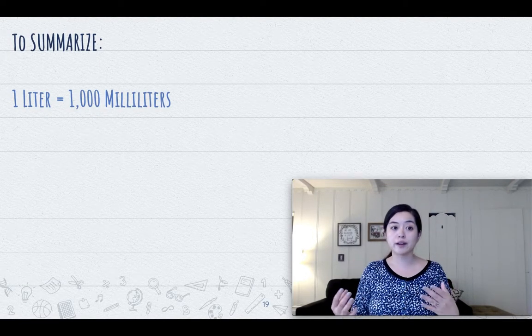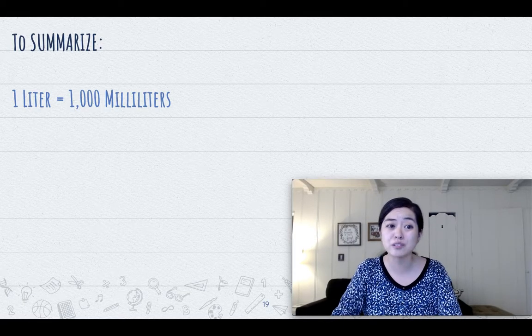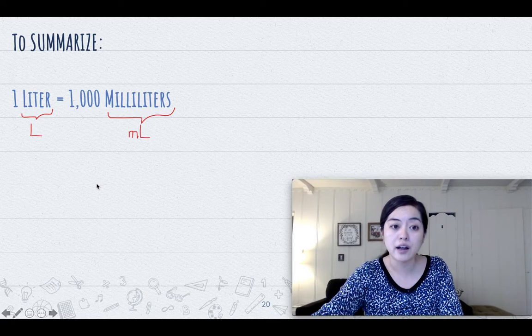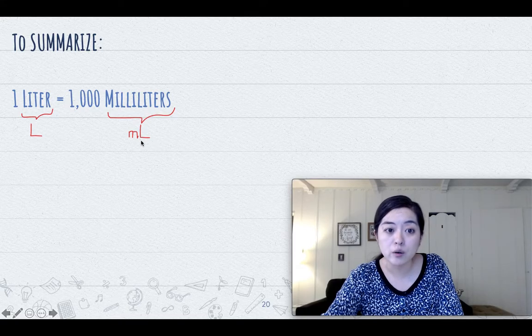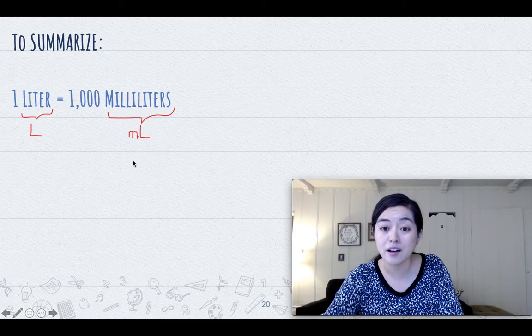So to summarize, 1 liter is 1,000 milliliters, and we can denote liter as a capital L, and we can denote milliliter as mL, where m is lowercase and L is capitalized. Okay, so this is how we denote milliliters. The capitalization and lowercase matter.